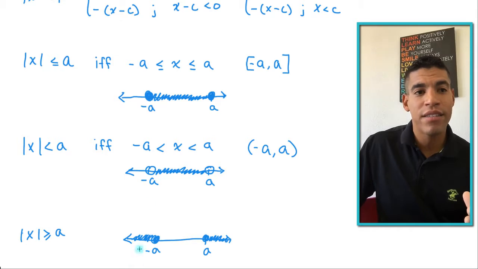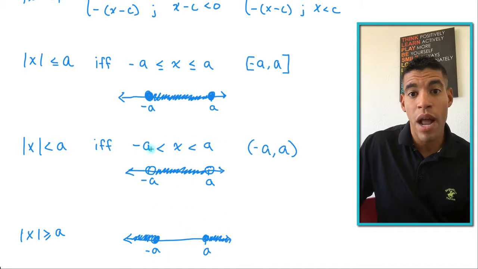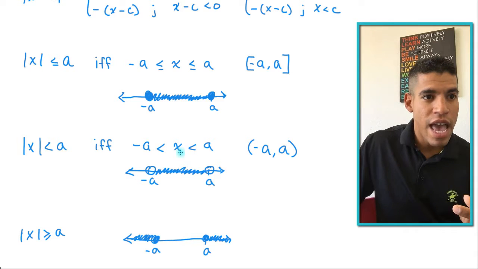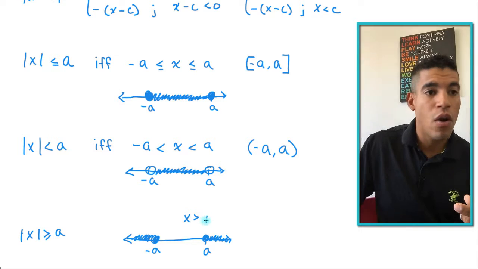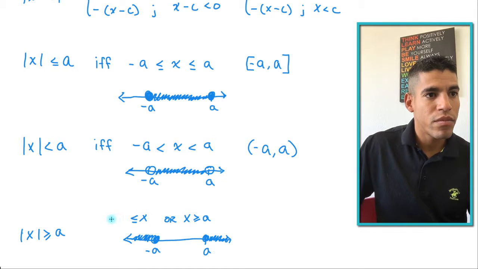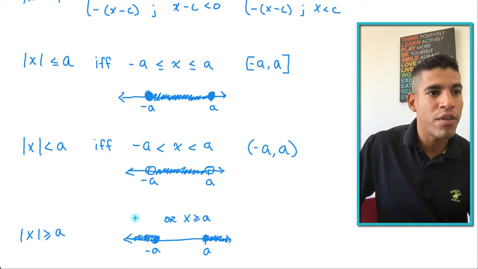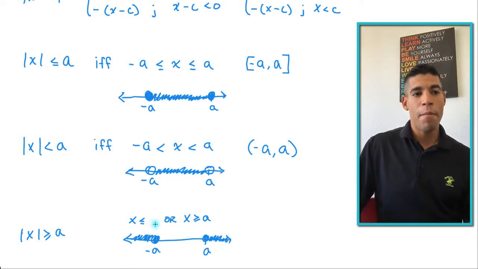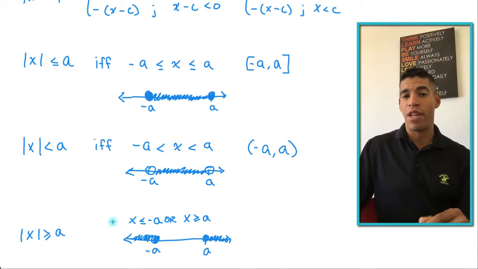Now, how do you write this in terms of something related to inequalities? Well, it's x greater or equal than a, or x being less or equal negative a. Okay? That's what it means for absolute value of x being greater or equal than a.